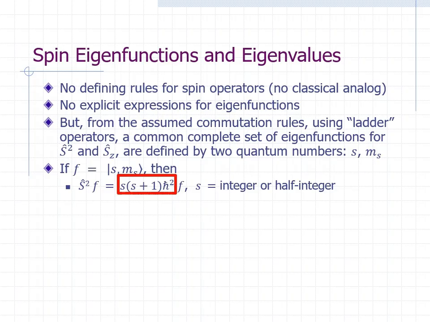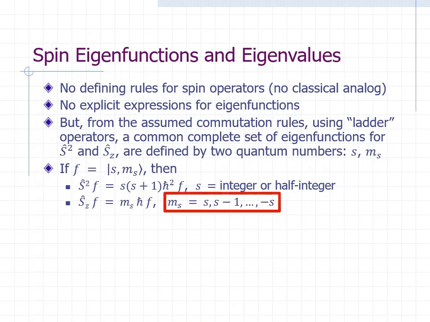It turns out, in order to explain experimental observations, the quantum number s must be an integer or half-integer. Also, applying the S sub z operator on function f yields the eigenvalue m sub s times h bar times f. Just like quantum number m sub l for orbital angular momentum, m sub s is restricted to values from s to negative s in steps of 1.